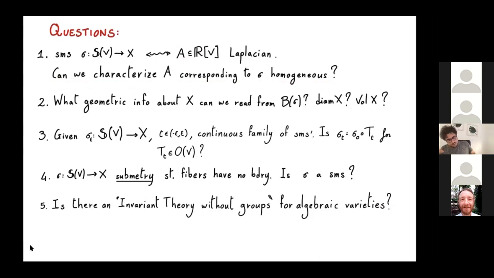And the second one, I will skip the last thing, so I will just finish with this. To what extent can we understand the geometry of the base space, like the diameter or the volume, in terms of the algebra?